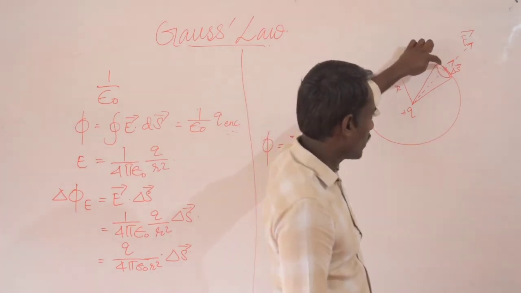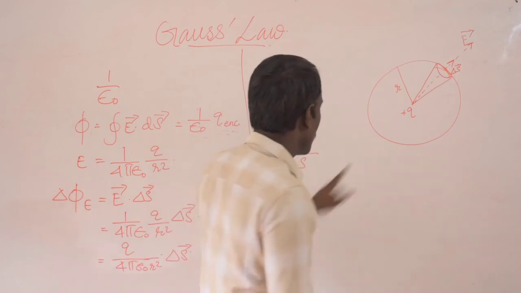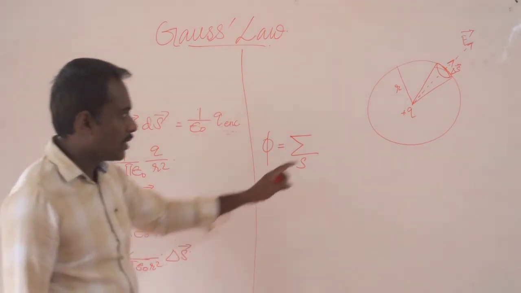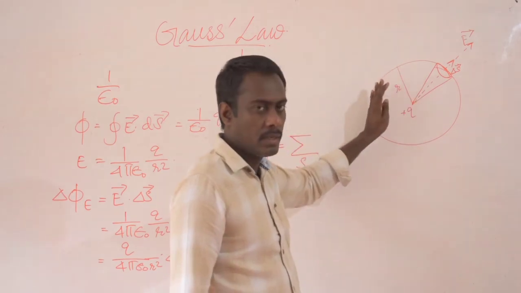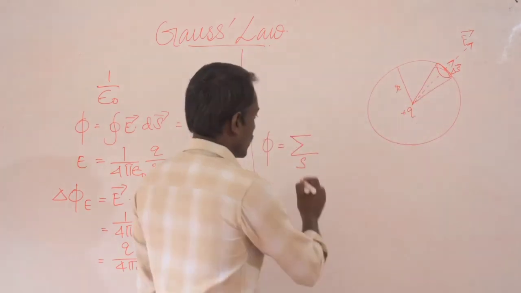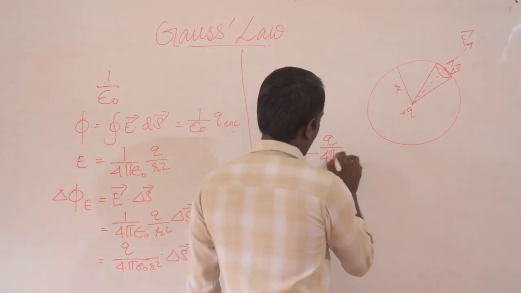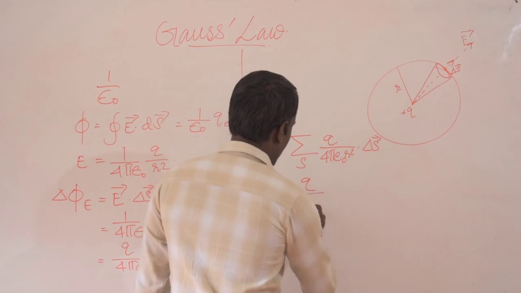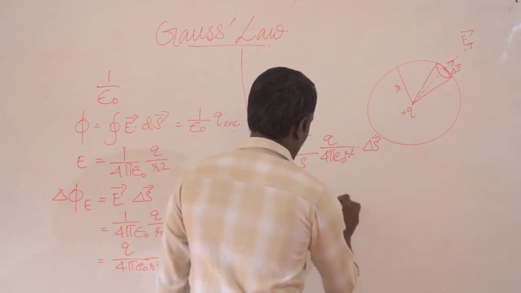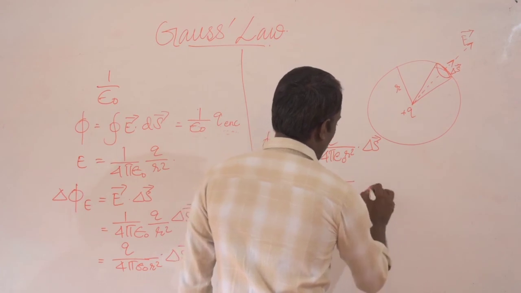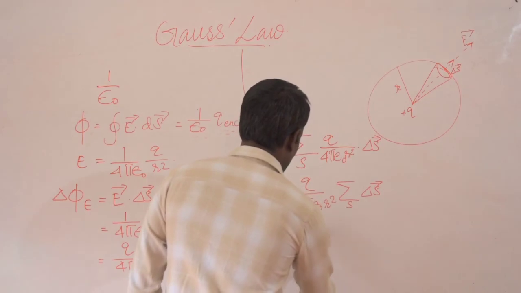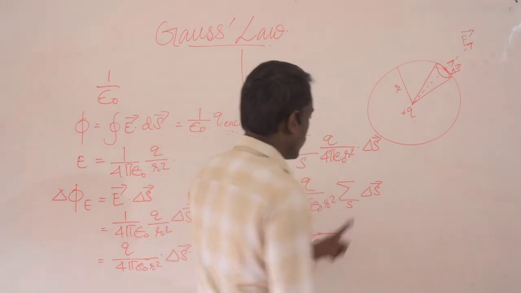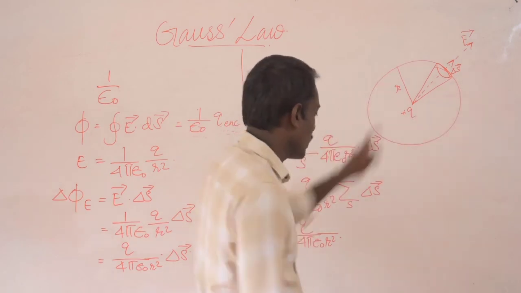We have taken a small area element, and the electric flux through that small area element is equal to Q divided by 4 pi epsilon 0 into R square into delta S. Then the total electric flux through the whole surface will be the sum of Q divided by 4 pi epsilon 0 into R square into delta S, that is equal to Q divided by 4 pi epsilon 0 into R square into the sum of the small area elements, that is the total surface area of the sphere.